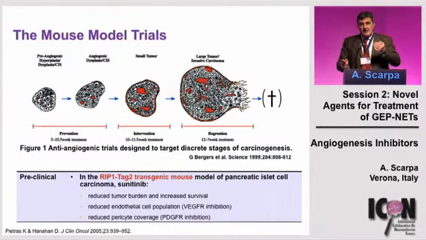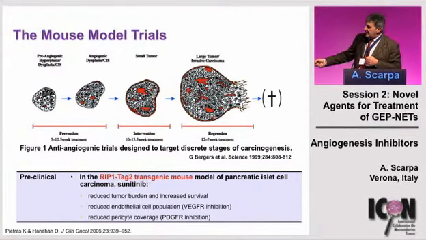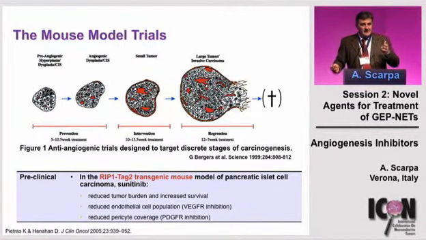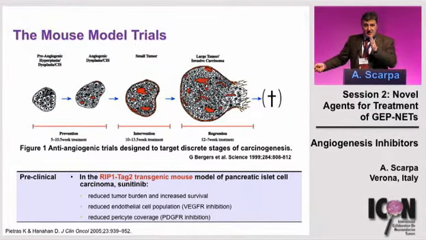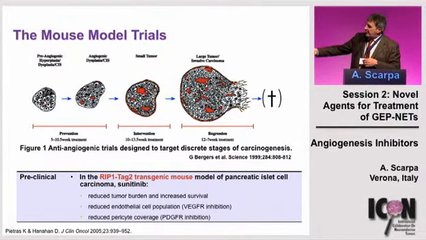But the rationale to use VEGF inhibition also came from preclinical studies on mouse models. It is a transgenic mouse that has the insulin promoter and the SV40 antigen, which gives you the possibility to have, at precise timing, vascular tumors and advanced tumors.